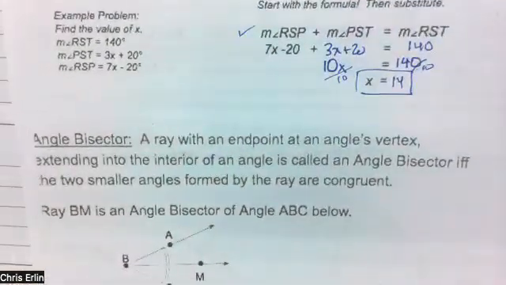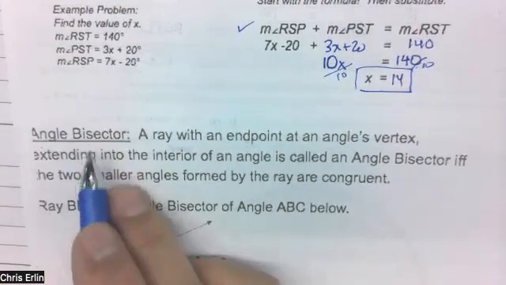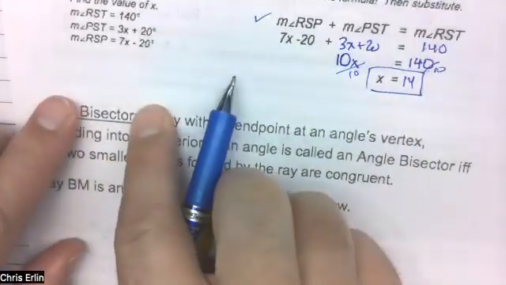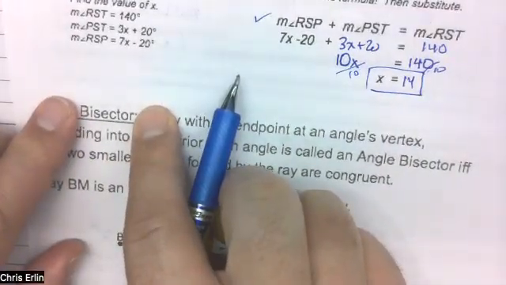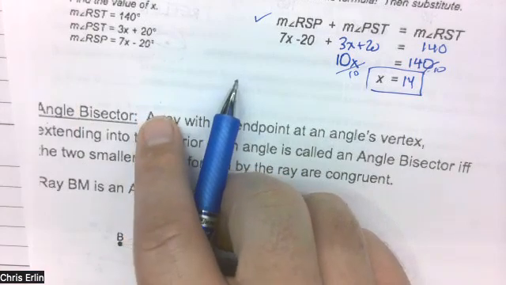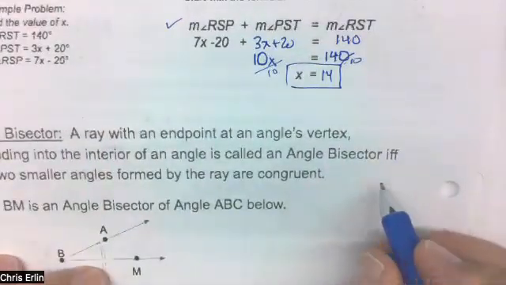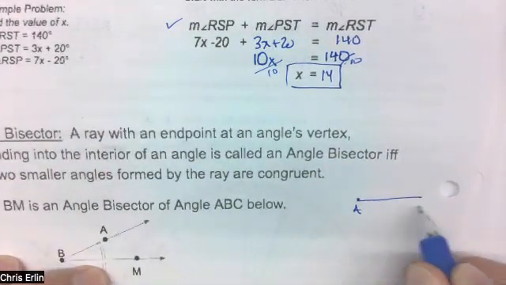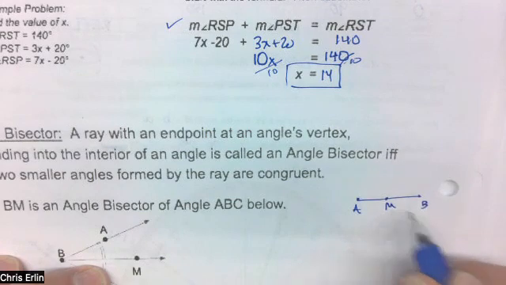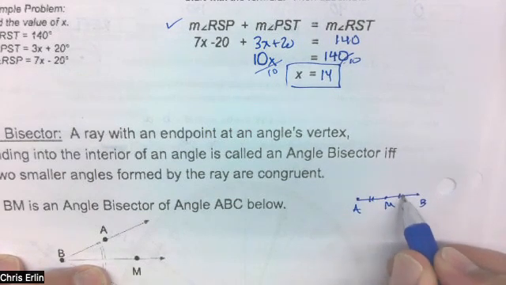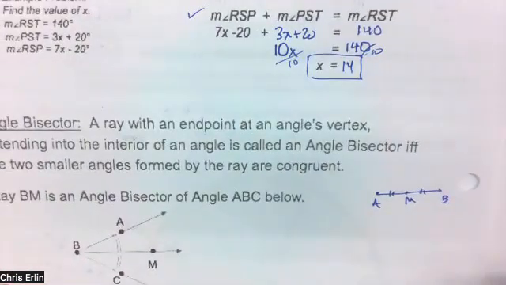We'll also be asking you to do things that are dealing with angle bisectors. What does the word bisector mean? Remember we had segment bisectors where we said A, B, and M is the segment bisector. It's splitting this exactly in half.